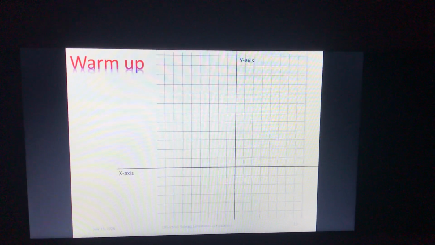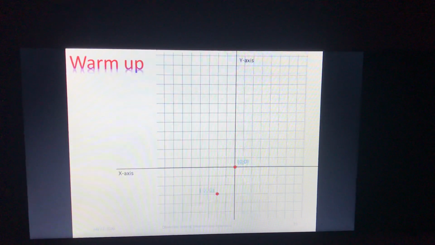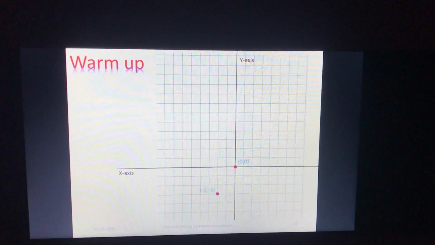So this is our coordinate plane. x is the horizontal axis, and y is the vertical axis, and they intersect at 0, 0. And let's plot 0, 0, and -2, -3.